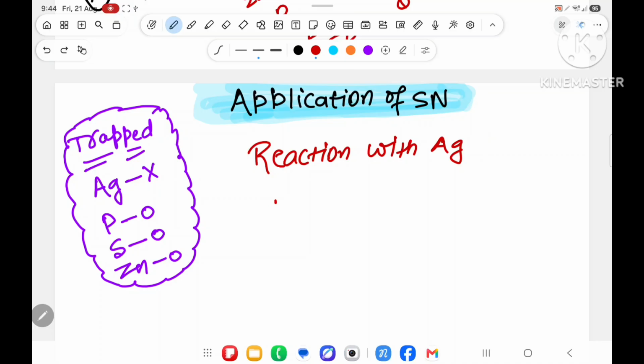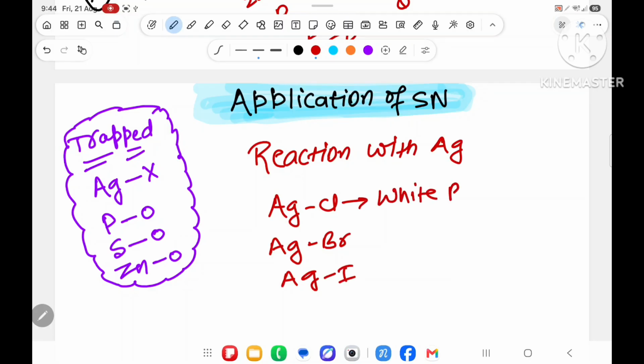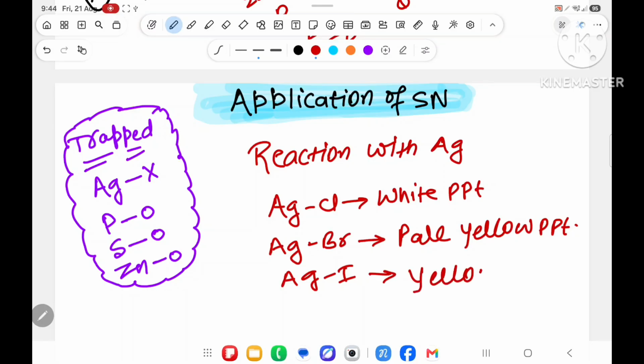So you may get AgCl, AgBr, AgI. The color of AgCl is white precipitate. The color of AgBr is pale yellow precipitate. And the color of AgI is yellow precipitate. Understood this part? Yes sir, understood.